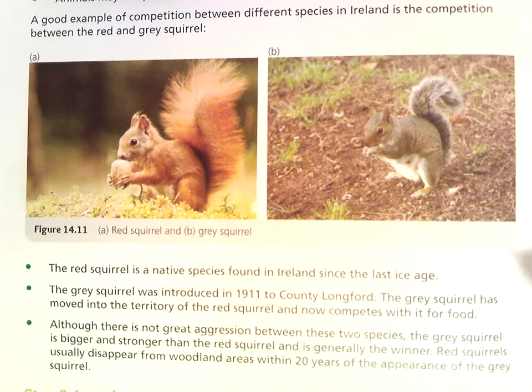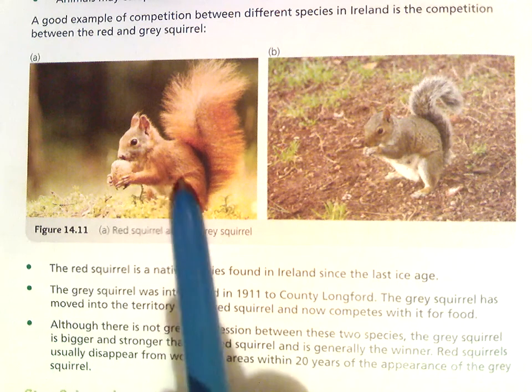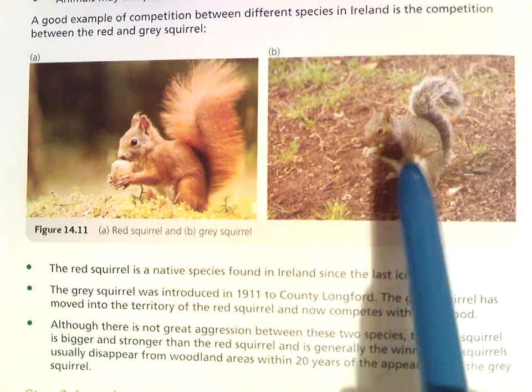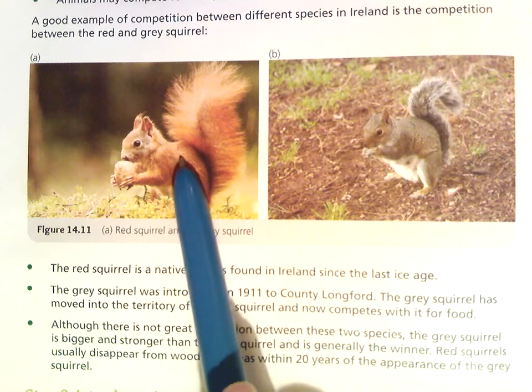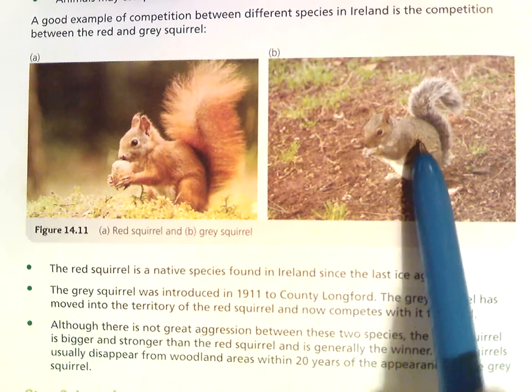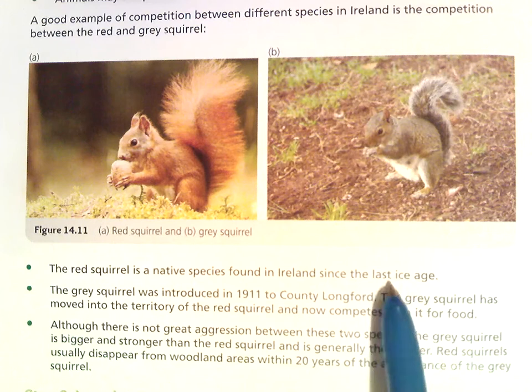A really good example of competition between different species in Ireland is the competition between the red squirrel and the grey squirrel. The red squirrel is a native species, found in Ireland since the late Ice Age.